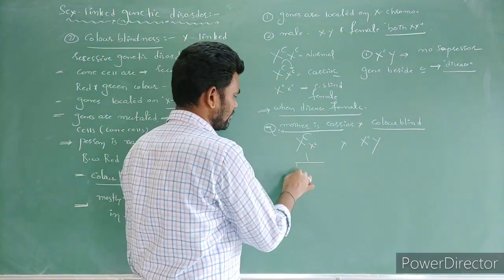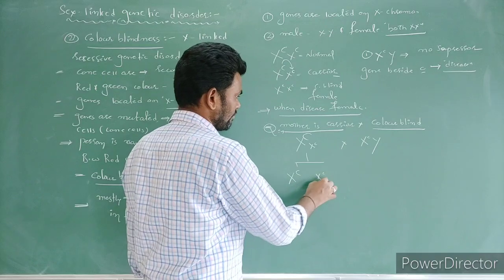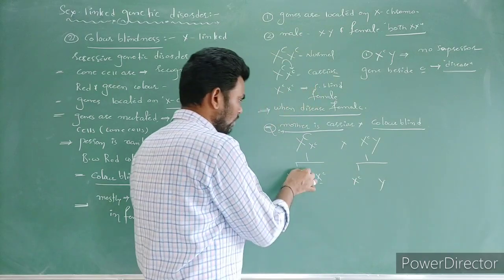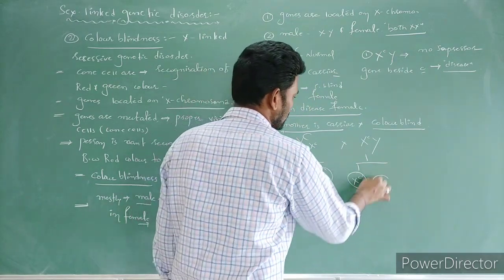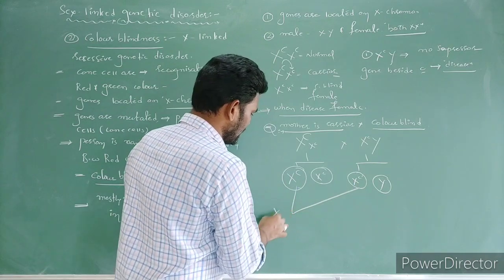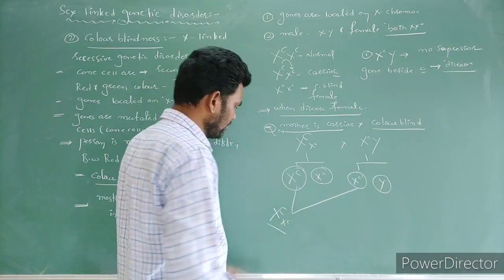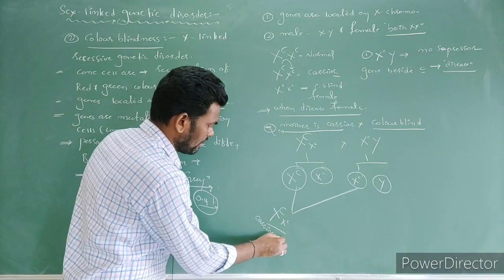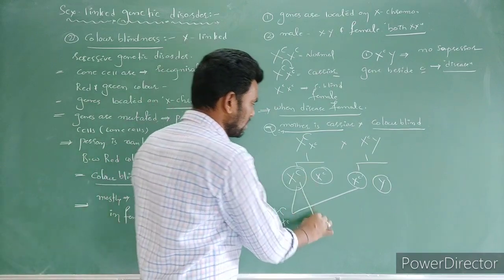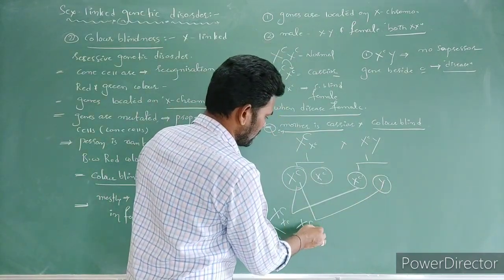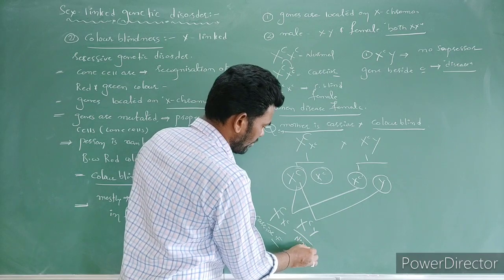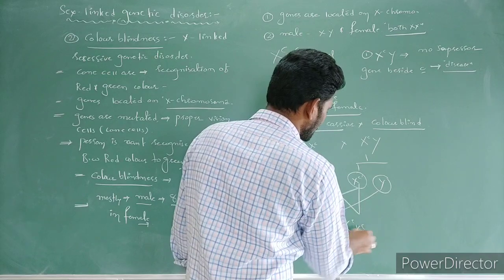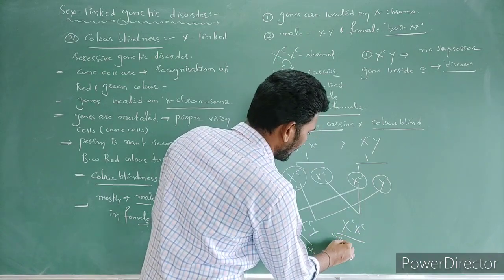First gametes, and here X small c and Y. These are 4 gametes; when 2 gametes fuse, X capital C X small c, this is not a disease, it is a carrier female. Next one, normal male, and next X small c X small c, this is a color blind female.